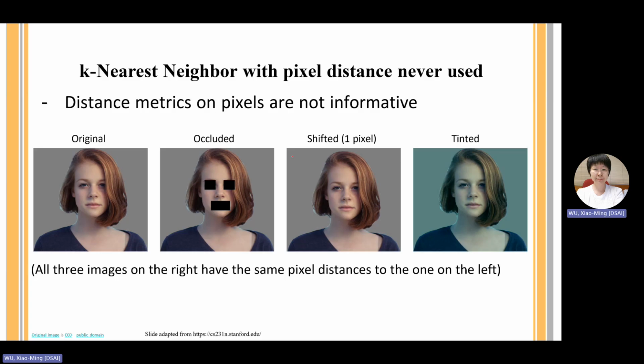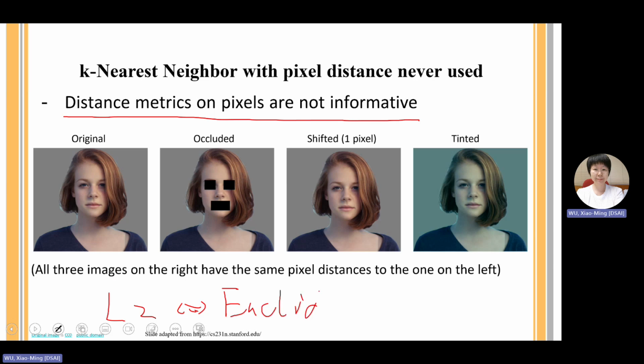For example, if we apply L2 distance, or equivalently Euclidean distance, on pixels, for the CIFAR image, their pixel representation is a 1,024-dimensional vector.